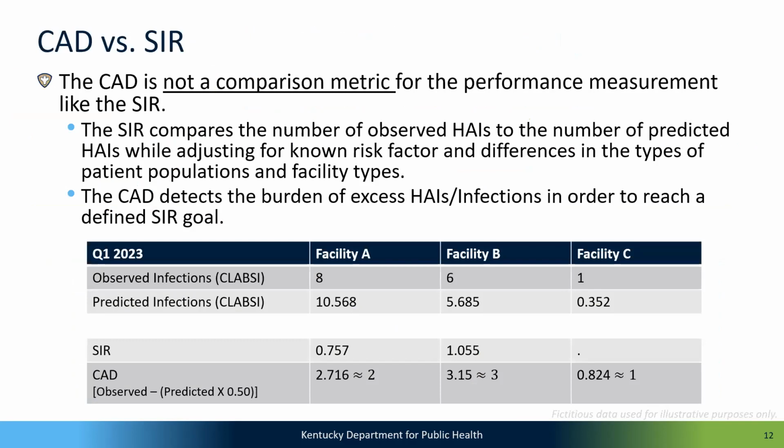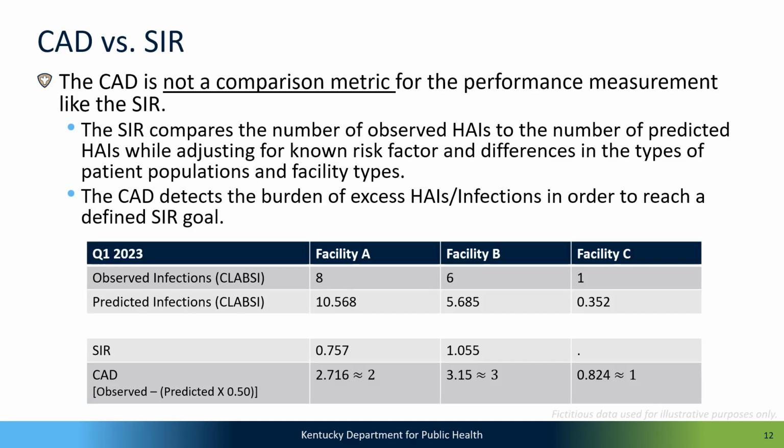As mentioned, the SIR and CAD are different and serve unique purposes. First and foremost, it is essential to grasp that the CAD does not function as a comparison metric for performance, unlike the SIR. The CAD takes on a different role in our strategy, offering insights that go beyond what the SIR provides.